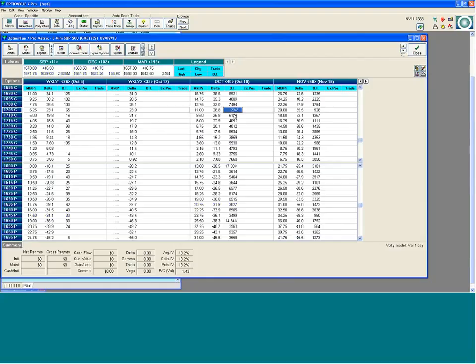And that's really where OptionVue also shines, because you can see by changing some of your strike prices and changing your net delta exposure, how your margin will be affected. Obviously, the higher your positive or negative deltas, the greater the margin will be. The closer to neutral you will be on your net delta, the lower the margin will tend to be. The less your vega exposure, the lower the margin will be.